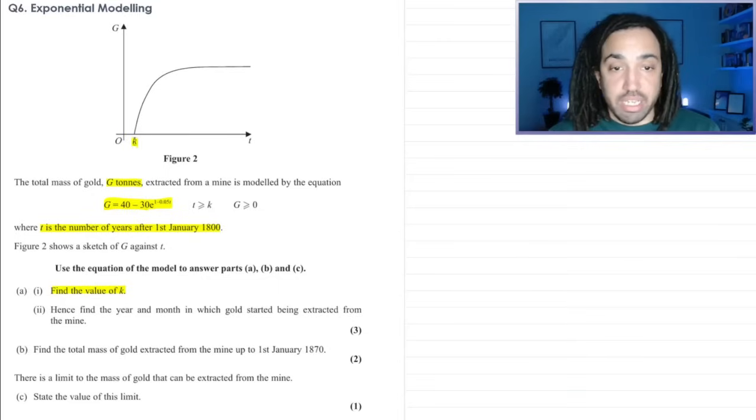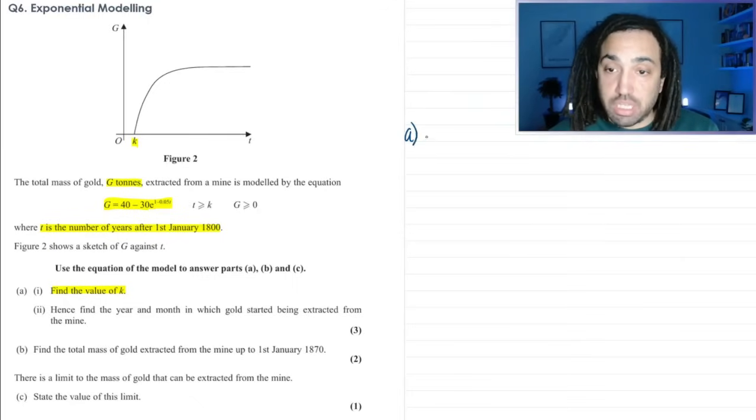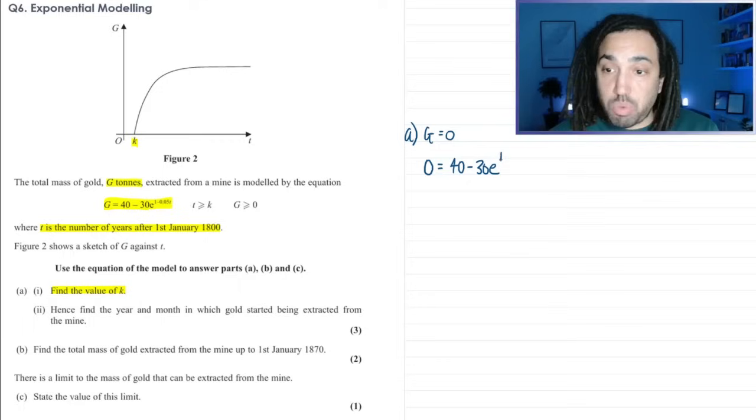Well, that is right here, and that is when G is equal to 0. So we can start by writing for part A, we want G to equal 0. So 0 is equal to the formula for G, which is 40 minus 30 e to the 1 minus 0.05t.